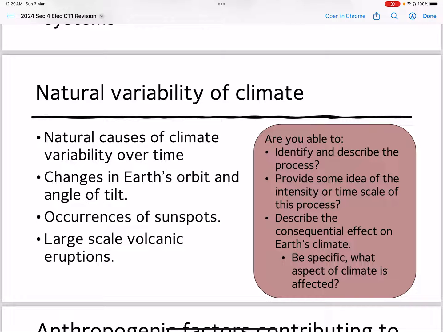So it isn't exactly very frequent in comparison to what you will look at in the next part of Topic 2, which is the anthropogenic factors. So keep this in mind. What you see in the boxes are some trigger questions, so hopefully they may help you. If you want to pause at a certain point to take a closer look, please do so.